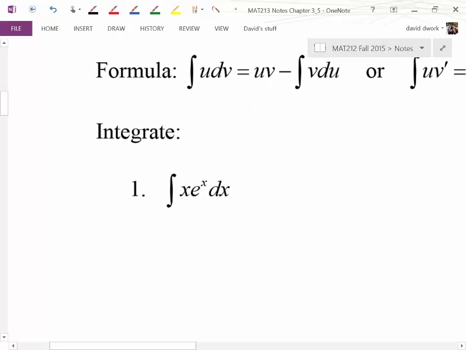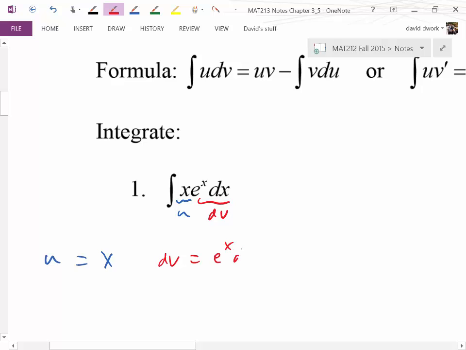So for this first problem, I'm going to call this part u and this part dv. That means I'm going to let x equal u, and for the other part, I'm going to let e to the x dx equal dv.